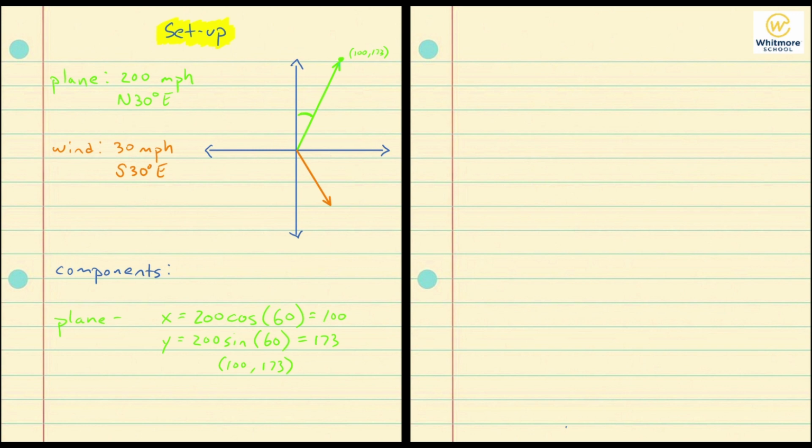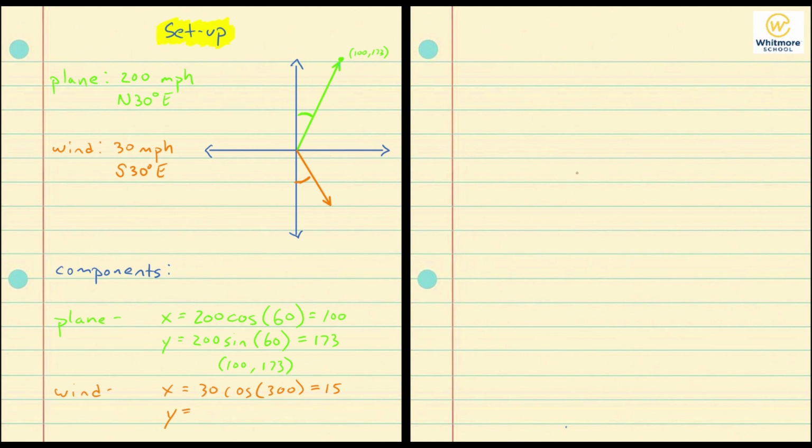So if we then figure out what the wind is, you'll see how the wind looks. If we do the wind, my x component now is going to be 30 times cosine. The 30 degrees that I'm given is this measure here, which means the angle that we're using is going to be 300 degrees, and that equals 15.